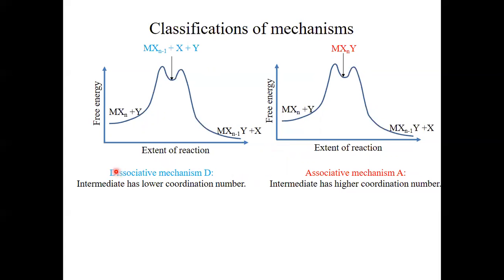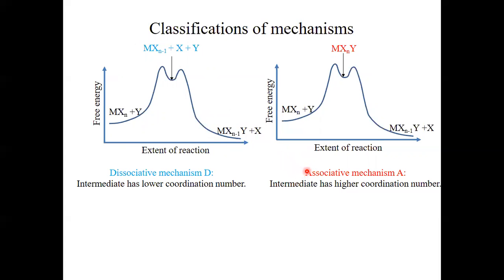So when we have a dissociative mechanism, then our reactant first loses a ligand to form an intermediate which has a lower coordination number, and then the new ligand is being added and the product is being formed.